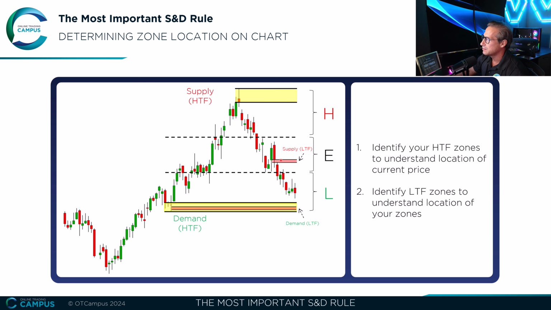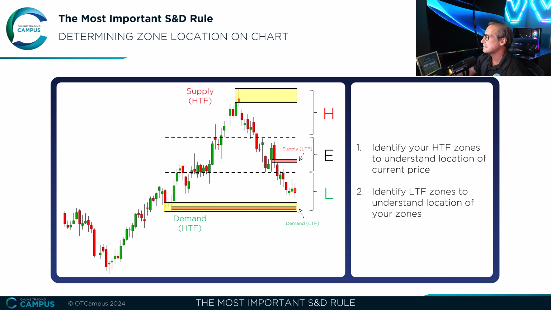And equally, and we're going to talk about this in a second, even if we can find a supply zone here, so if you zoom in, go to the lower time frame and find a supply zone here, and you know that this area is equilibrium, you would not want to engage or short in this supply zone, even if it is high quality. We talk about the zone qualifiers in another session. Even if the zone is high quality, you would not want to engage in this trade because it's in equilibrium.